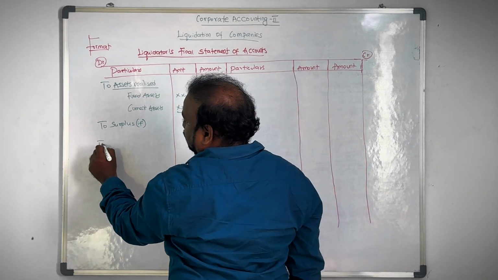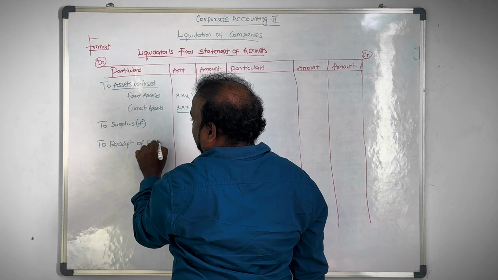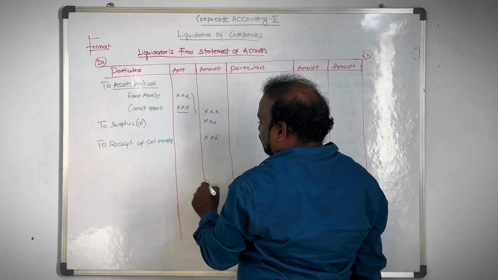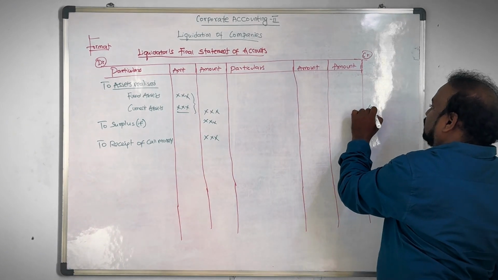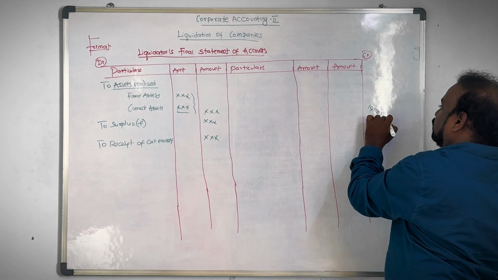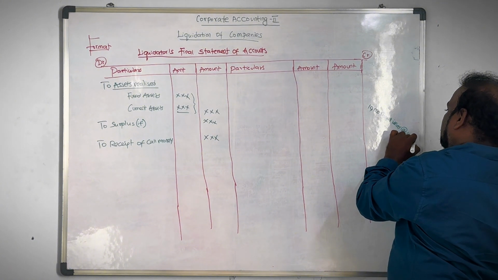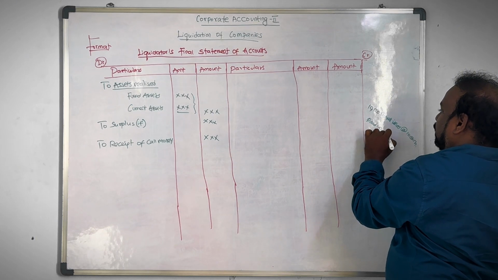Then to receipt of call money. If any uncalled money is there, that should be brought in at the time of winding up of a company. For example, 10,000 shares issued at the rate of 10 each, and so far we collected, that is paid up, is 8.